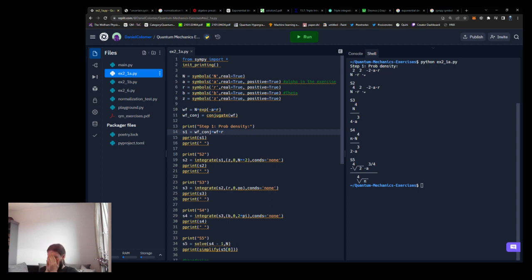Because what I want to integrate is the probability density function. The probability density function is what I'm trying to integrate.